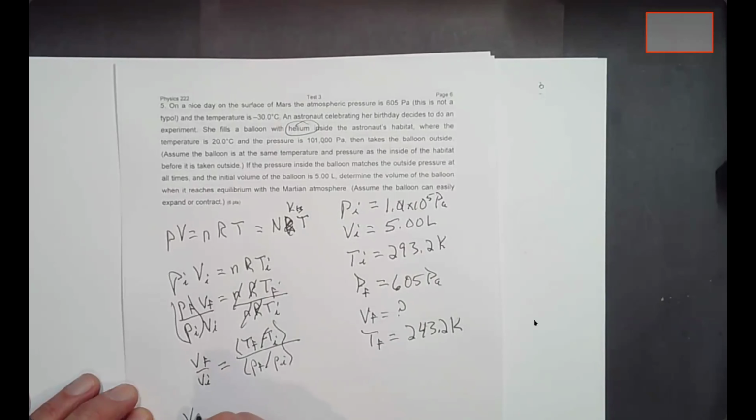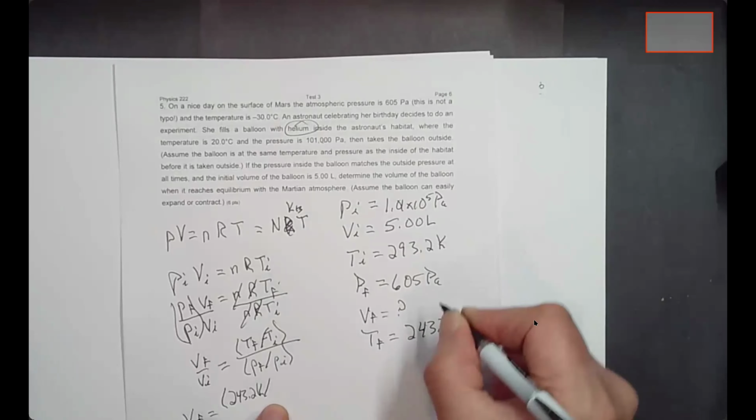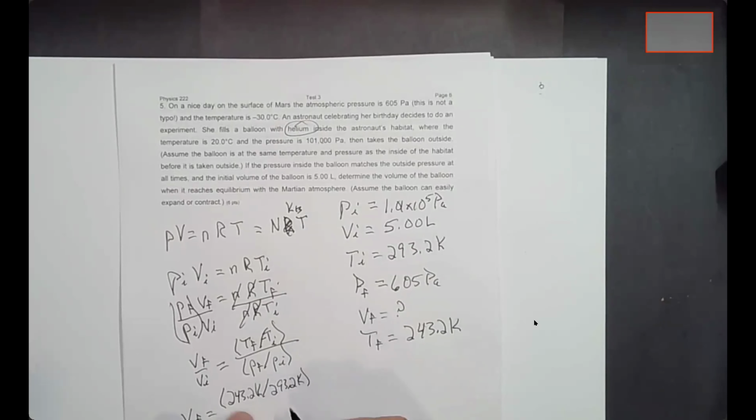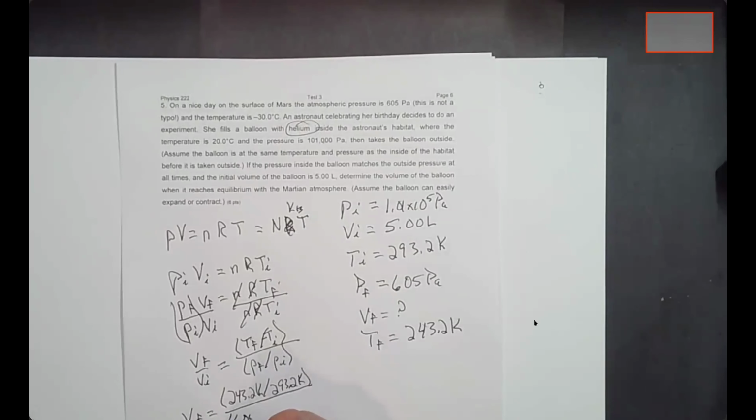So V final will equal T final over T initial, that's 243.2 Kelvin divided by 293.2 Kelvin. That numerator would tend to make it shrink, but the denominator, which is P final over P initial, is 605 Pascal divided by 1.01 times 10 to the 5th Pascal.